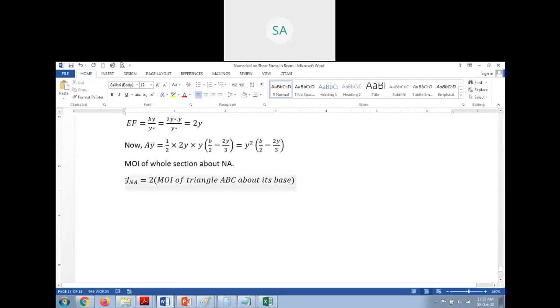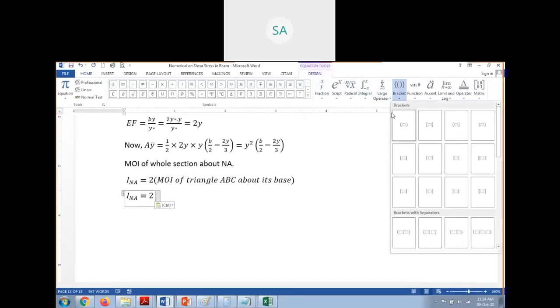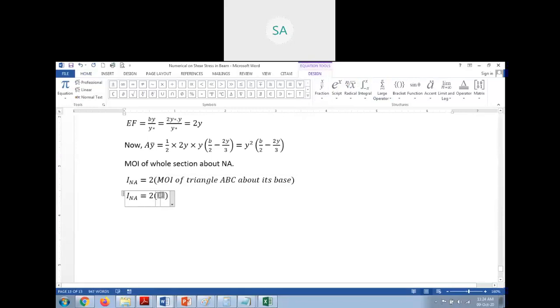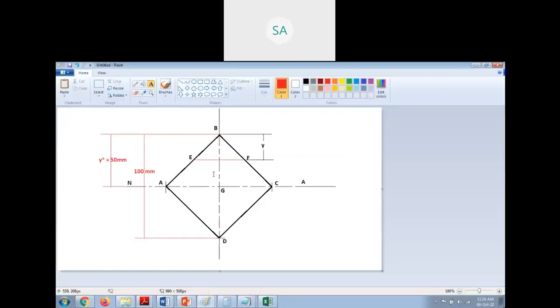Now, what is this? This is the moment of inertia of the triangle about its base, given by base multiplied by, right?